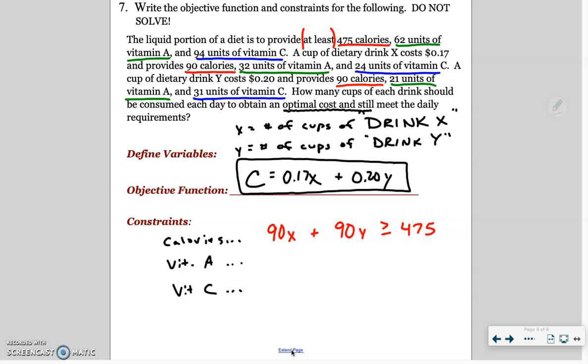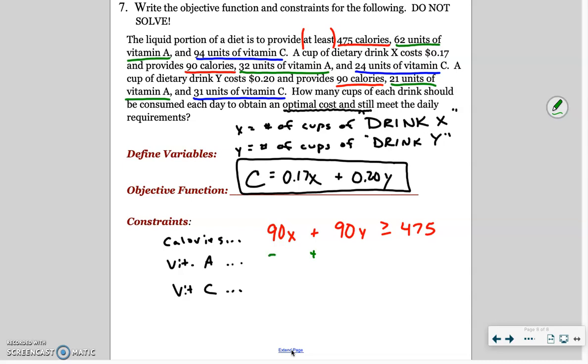Now, basically doing the exact same thing here with vitamin A, all the stuff that we have underlined in green. I looked at our daily requirement.